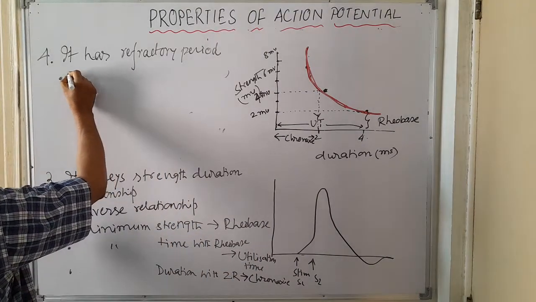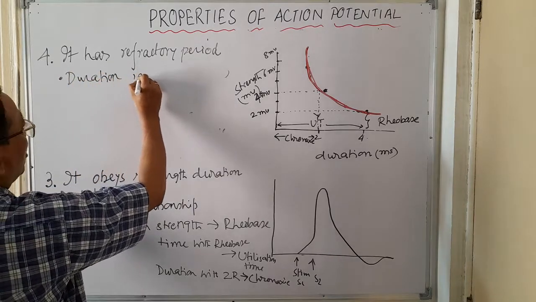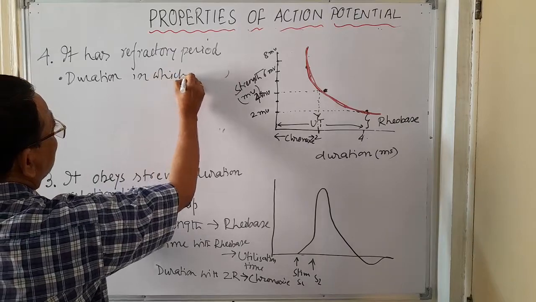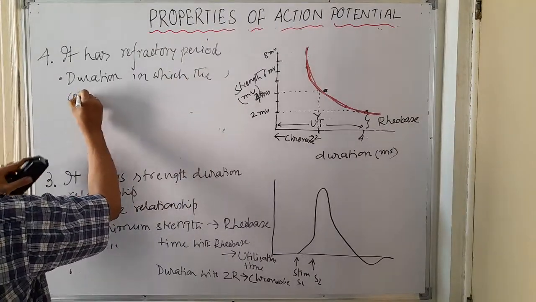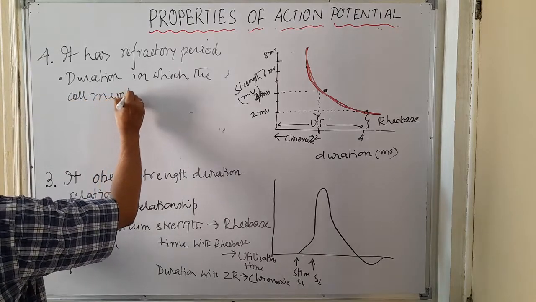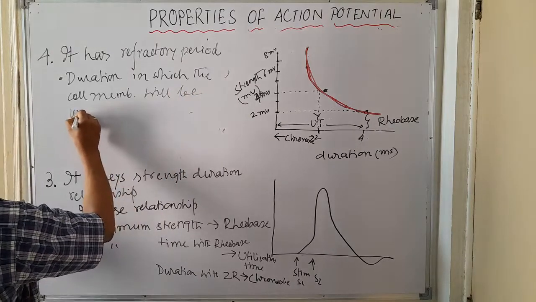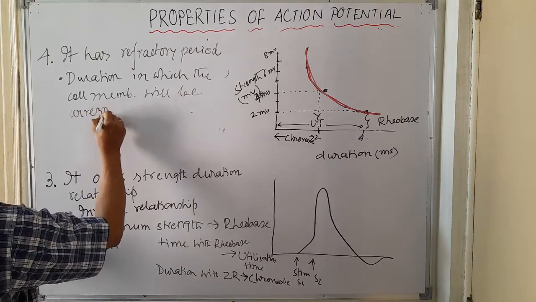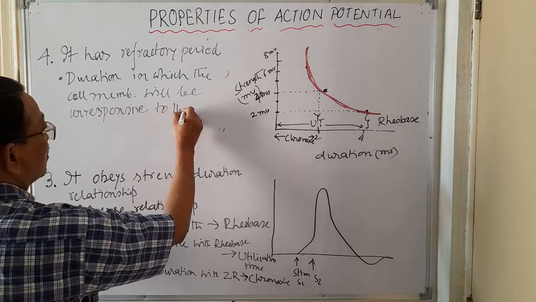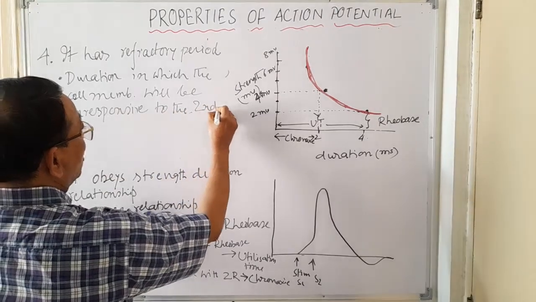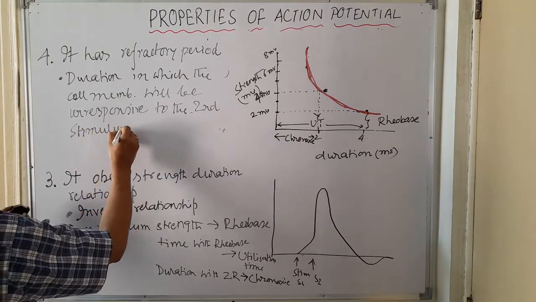So it is the duration in which the neuron or cell membrane will be unresponsive to the second stimulus.